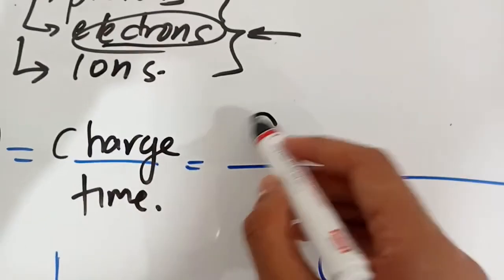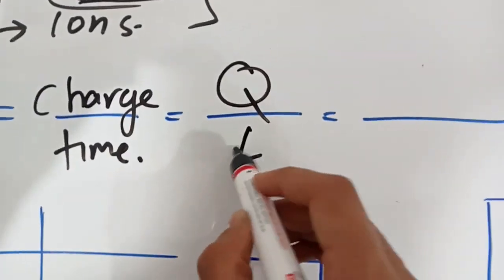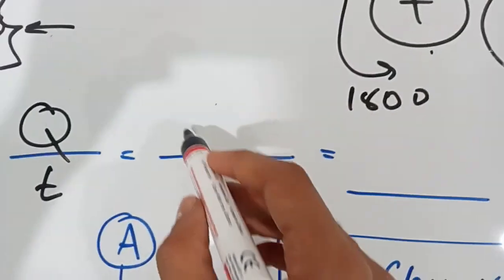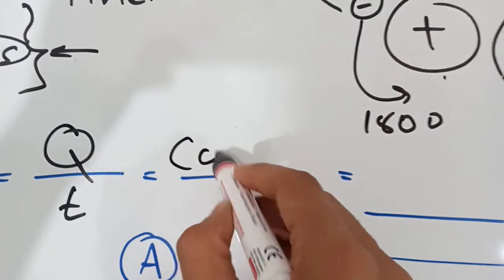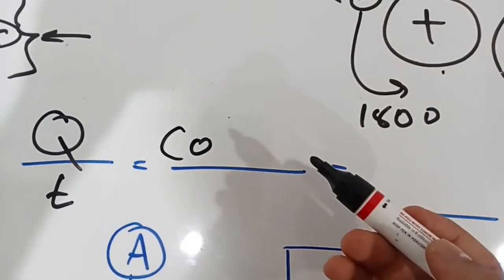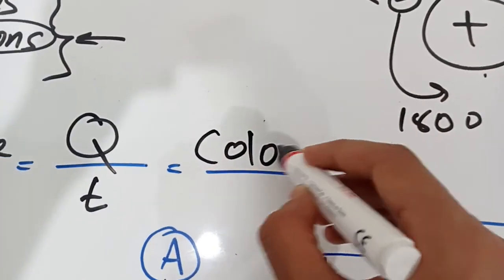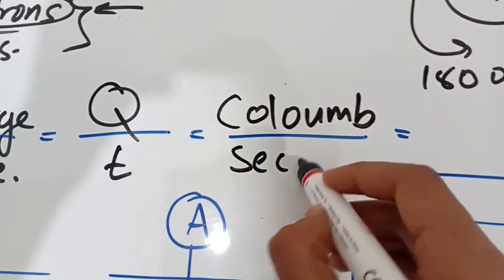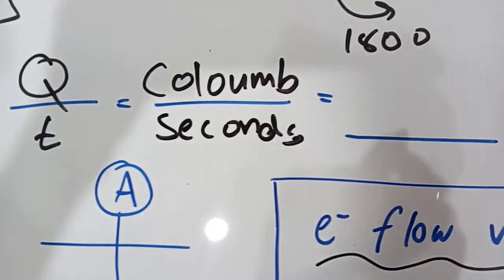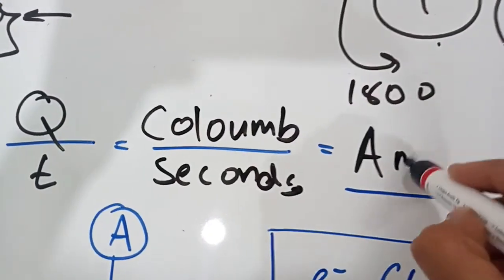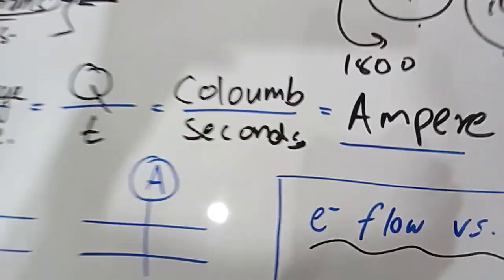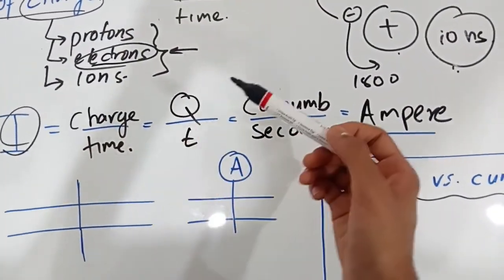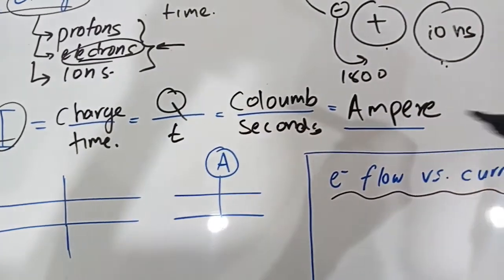The symbol for charge is Q, and the symbol for time, we all know, is T, so Q over T. The unit for charge is the coulomb, and the unit for time is seconds. And so coulomb per second is ampere. So current is charge over time, is Q over T, is coulomb per second, is ampere.